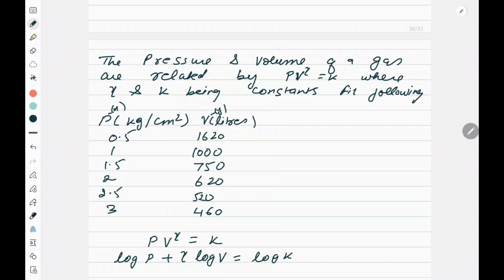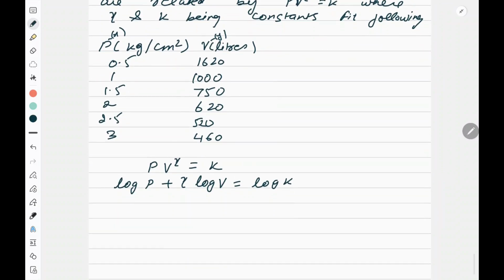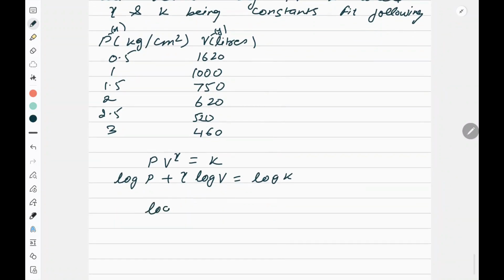Now as I said, V is playing the role of Y and I will always prefer to write the equation as Y is equal to. So let me try to do that. So log V is equal to log K plus log P upon gamma.